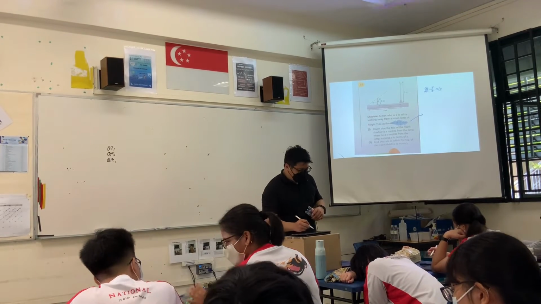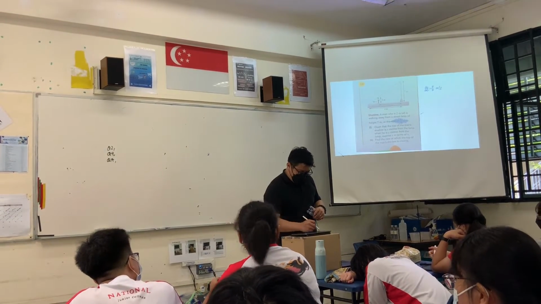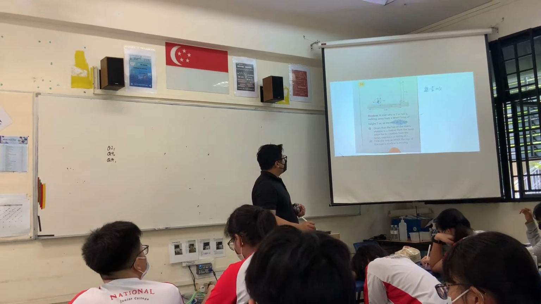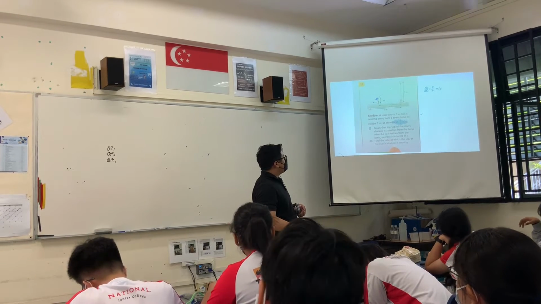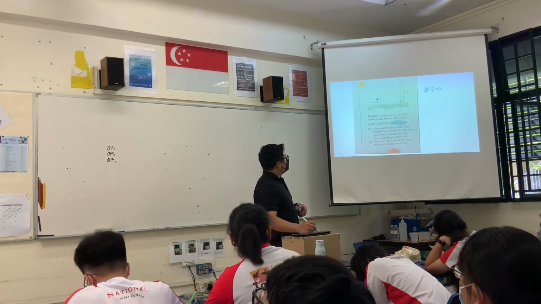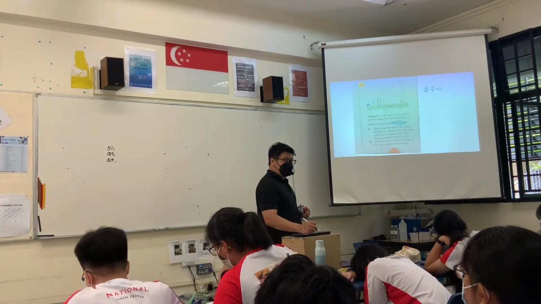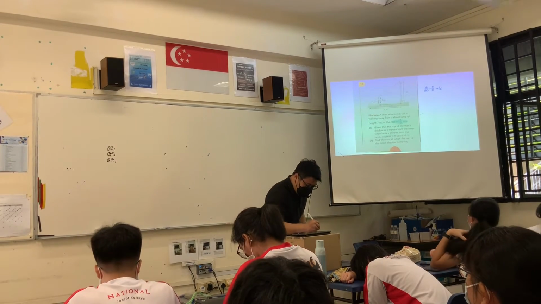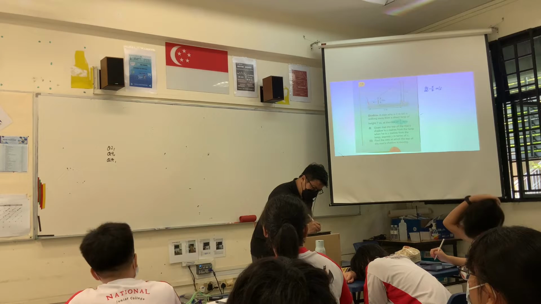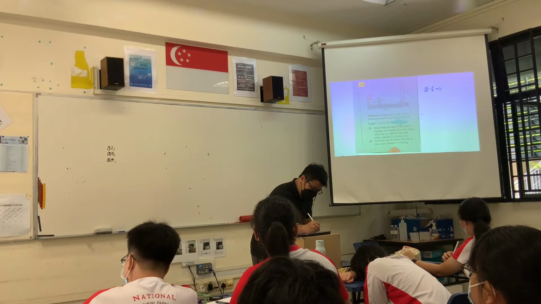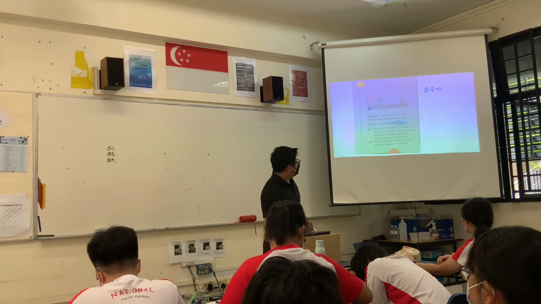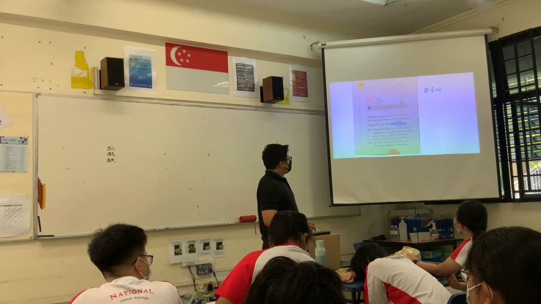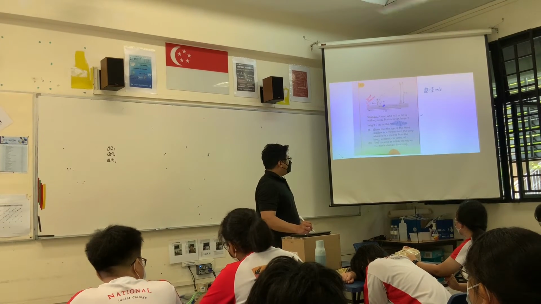Now given that the top of the man's shadow is x meters from the lamp, imagine I shine the light, the top of the shadow is here. This distance is x meters.